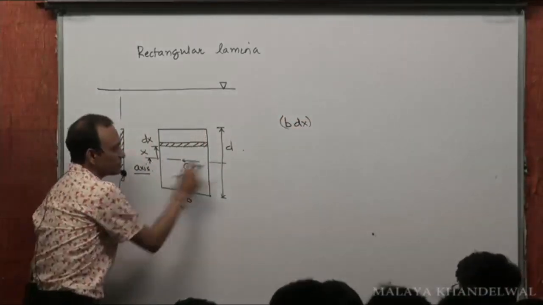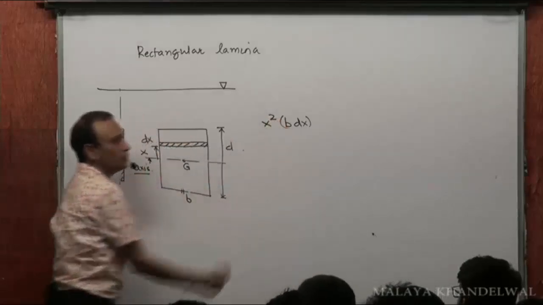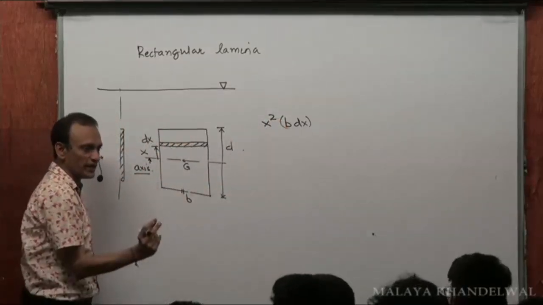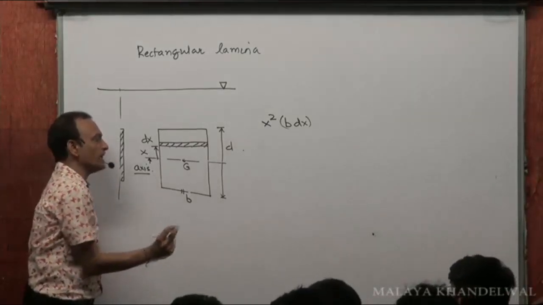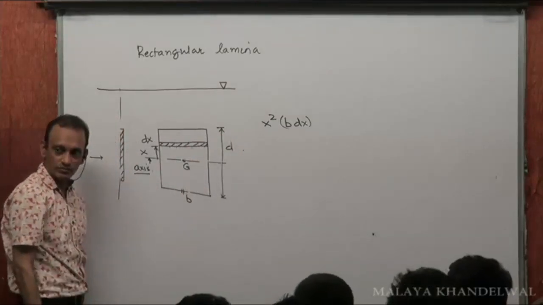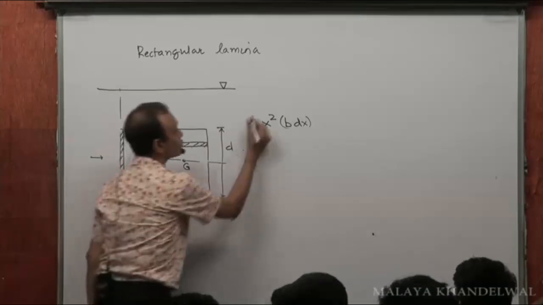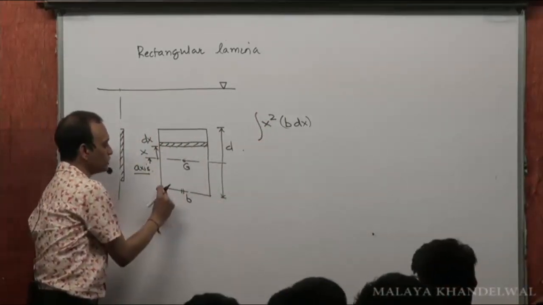What is its distance from this proposed axis? x. So x squared into b dx, x squared into the area element, will be the contribution to IG made by this strip, right? And I want to sum it up to include all the strips.